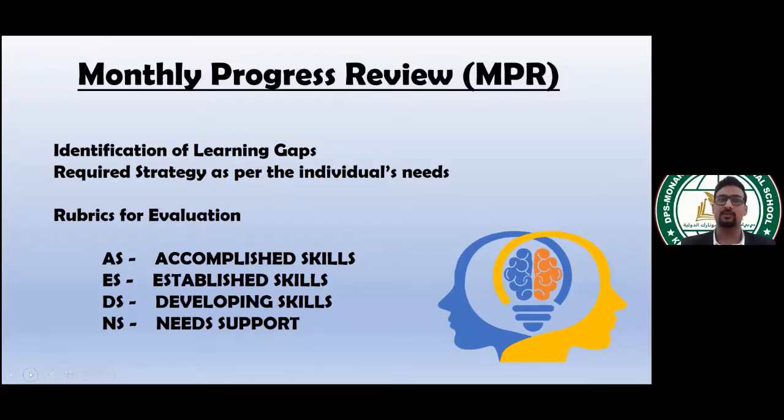Other than those, we will be issuing the monthly progress review report to the parents monthly. Based on that, the rubrics for the evaluation again remain the same: AS as accomplished skills, ES as established skills, DS as developing skills, and NS as needs support. So all these are about the progress reports and the assessment criteria and also the internal assessment components I have to tell about.